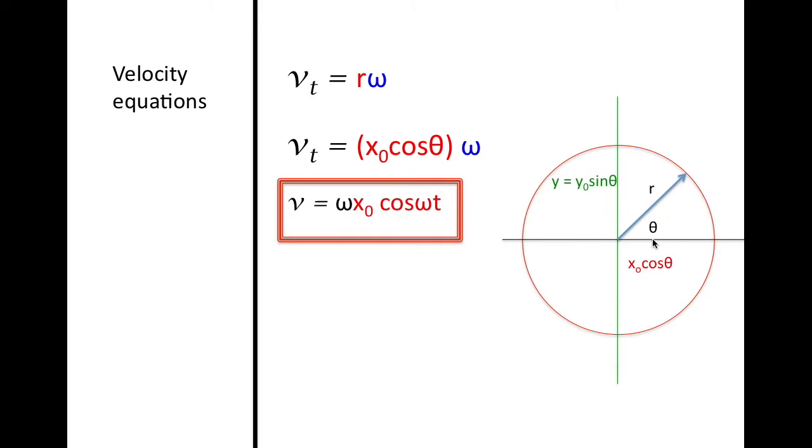When we take into account the x component, here we have the radius being x sub 0 cosine theta times omega, giving us this equation down here, which is velocity equaling omega x sub 0 cosine omega t.